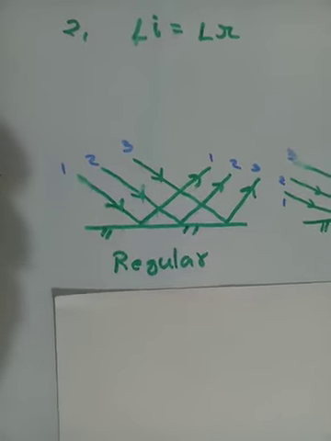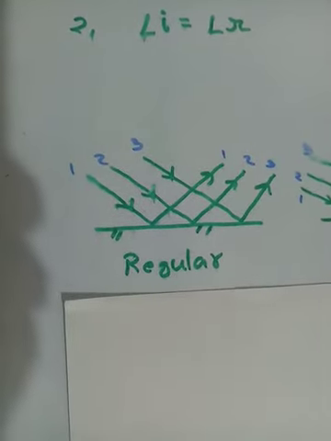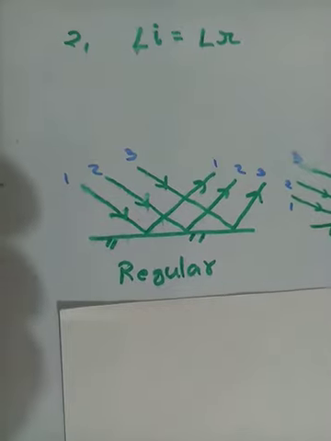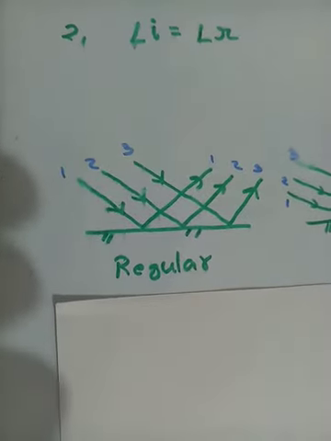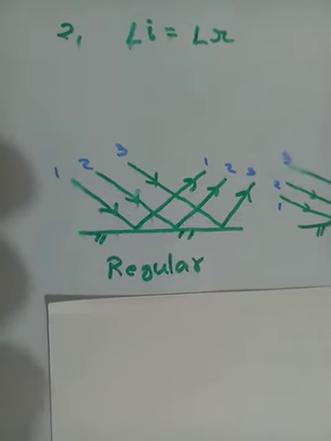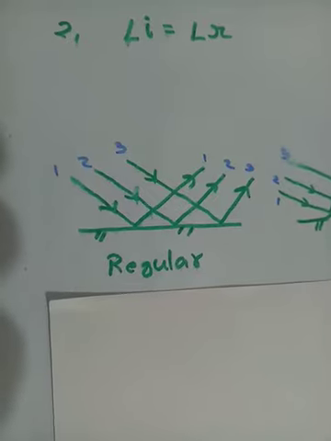They are reflected from this regular surface, and after reflection, are they going in the same direction or different directions? All the rays of light are going in the same direction. So, this appears to be shining. So, regular surfaces or polished surfaces are always shining surfaces.